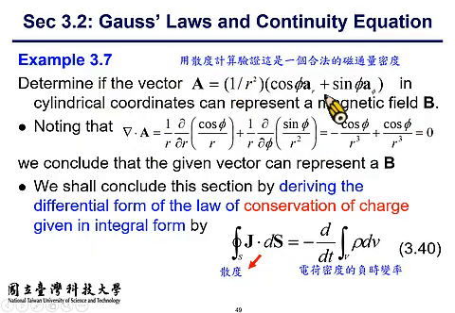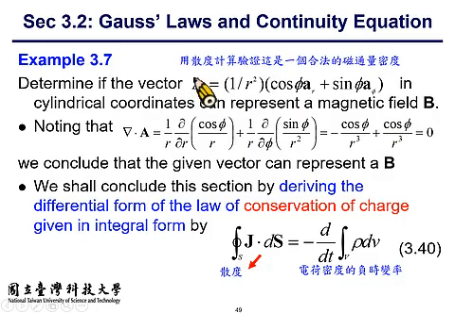For this example, which you should do yourself at home, you will find that the derivative is minus cosine phi over r cubed plus cosine phi over r cubed. So it equals 0 for any given r and phi, everywhere.